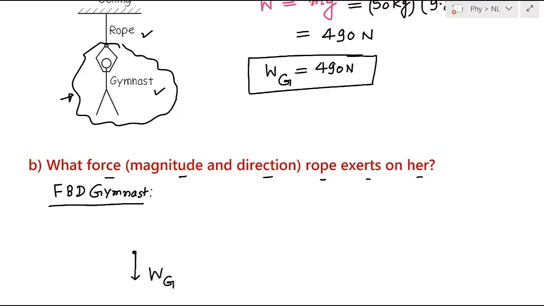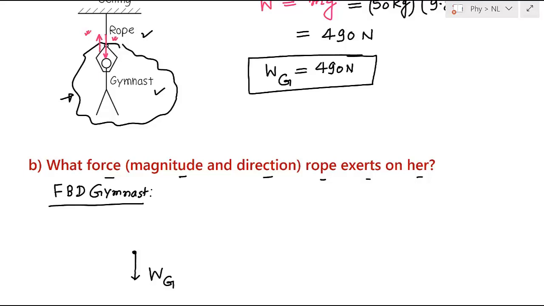One force is due to the rope. If you see, this gymnast is pulling this rope in the downward direction. In the same way, if I apply Newton's third law, I can say this rope is also pulling the gymnast in the upward direction. So this is an action-reaction pair, and from Newton's third law, these two forces will have equal magnitude.